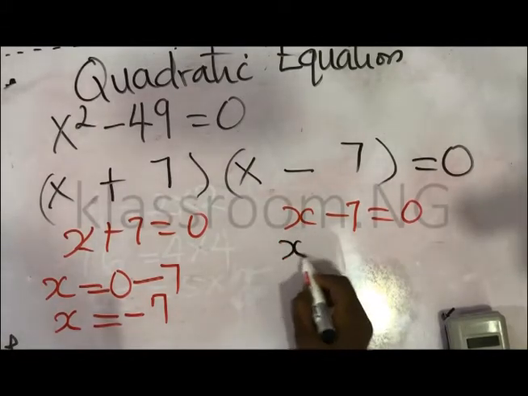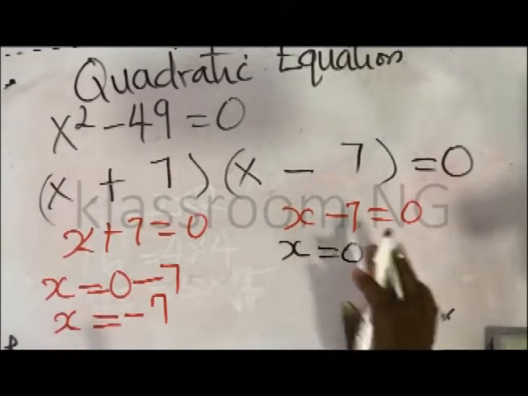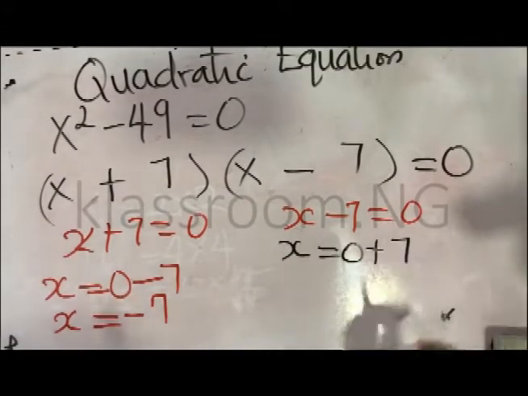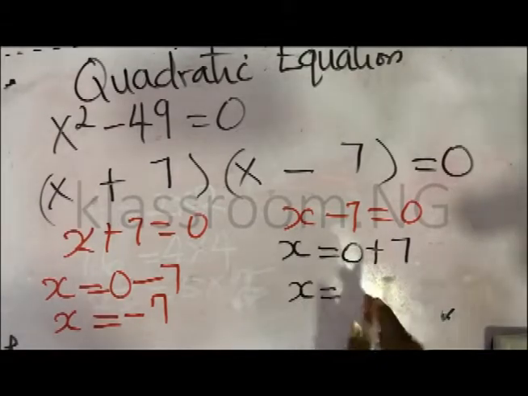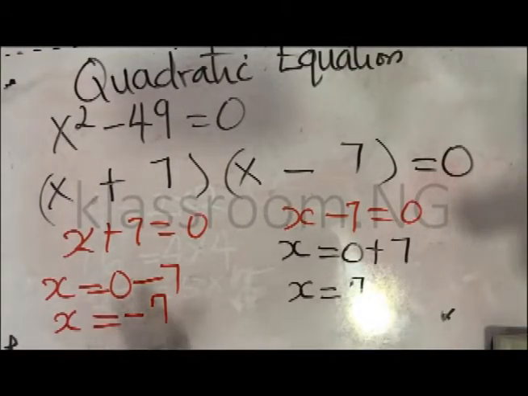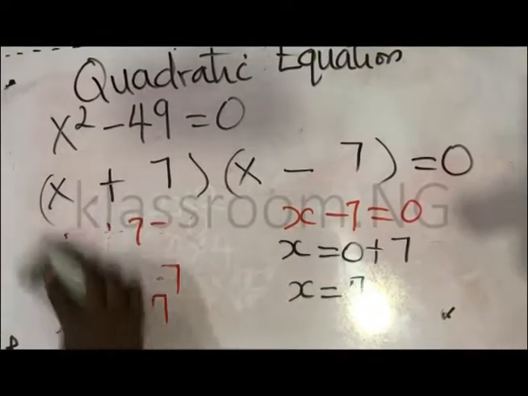You have the x equal, the 0 goes to the other side, the 7 goes to the other side, and it becomes plus 7. So you have x equals 0 plus 7, which will give you 7. So your answer is x equals 7. Let's look at another example.